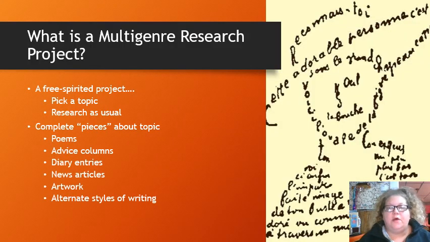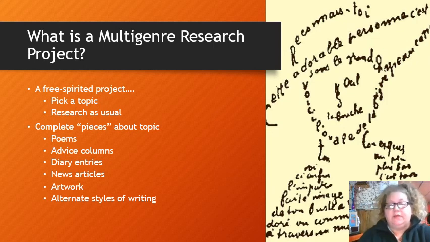Now, first of all, what is a multi-genre research project? Well, the book describes it as being a free-spirited project. Basically, what that means is there are really no strict rules when it comes to doing a multi-genre research project as opposed to doing a research paper.